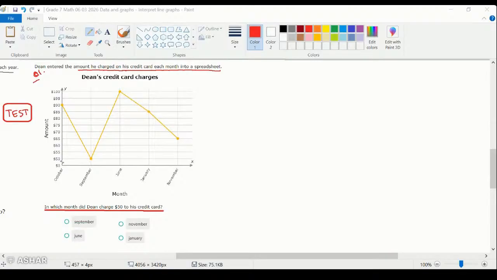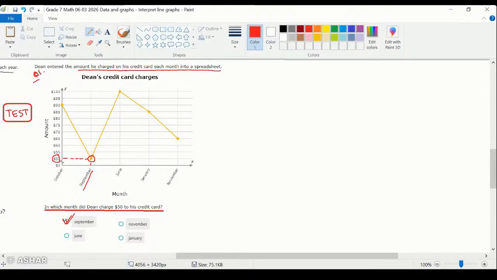We just need to look at the line graph because on the vertical axis it is showing us the amount, right? We look at 50 and $50 was charged only in a single month, that was September. Agreed?